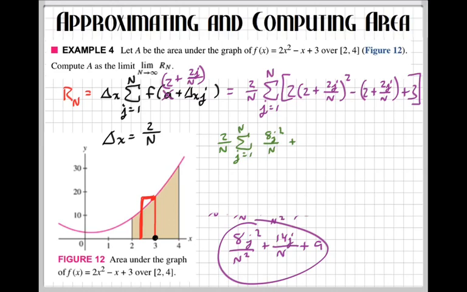So I'm plugging this in, and I want to do the sigma for each of these. Let's put a big bracket around this, and we're going to have another sigma for the next one, which is 14j divided by n, plus another sigma, j equals 1 to n, of 9.